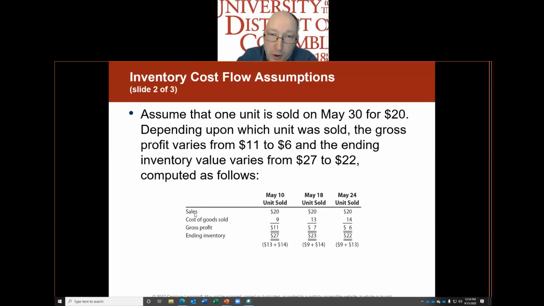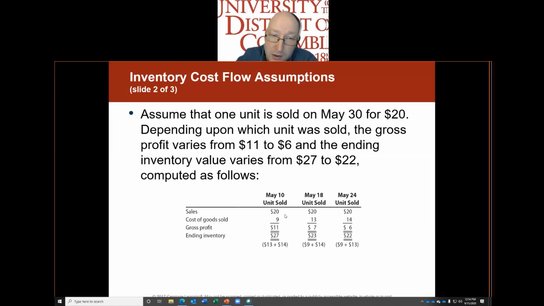We sold that 1 unit for $20, which could be the May 10th, May 18th, or May 24th unit. The cost of goods sold, as you know, is different each time. May 10th was $9, May 18th was $13, May 24th was $14.